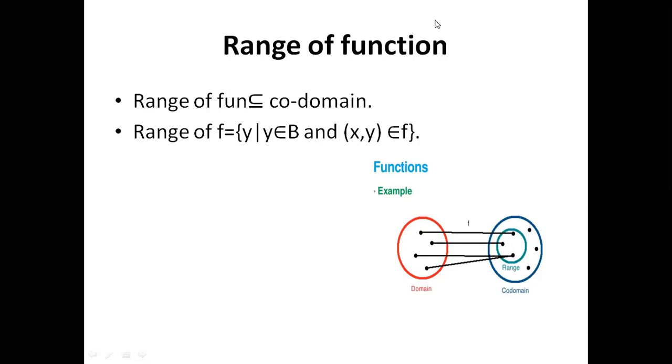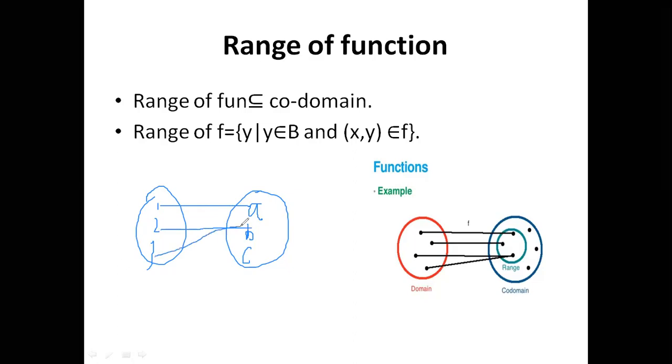Suppose we are having a set A and set B. In this set we are having values 1, 2, 3, and in the other set we are having values a, b, c. Then 1 is paired with a, 2 is paired with b, and 3 is paired with b again. So is this a valid function? Yes, because every element of A is participating with an element of set B. This is A and this is B, right?